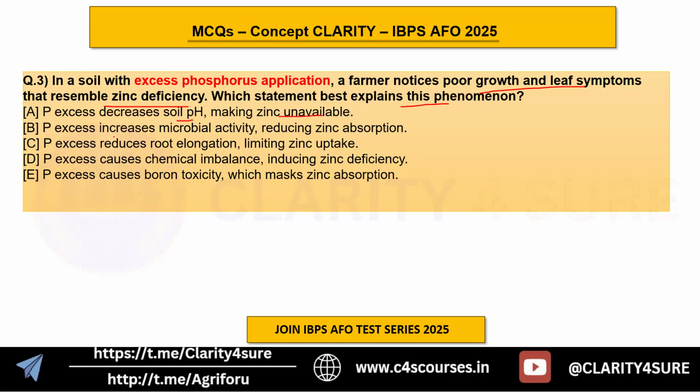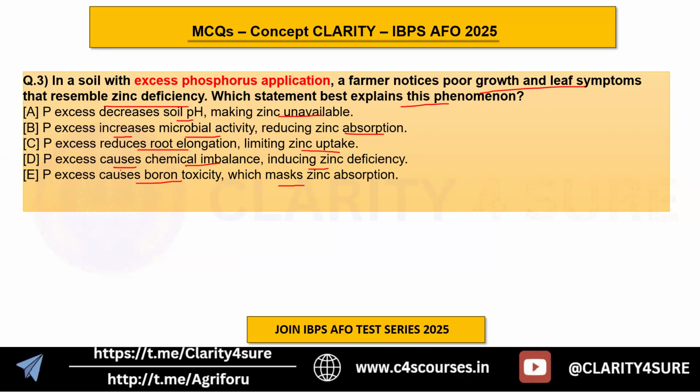Then, excess phosphorus increases microbial activity, reducing zinc absorption. Then, it reduces root elongation, limiting zinc uptake. Then, it causes chemical imbalances, inducing zinc deficiency. And last, it causes boron toxicity, which masks zinc absorption. From here, we have to pick out the most suitable answer.